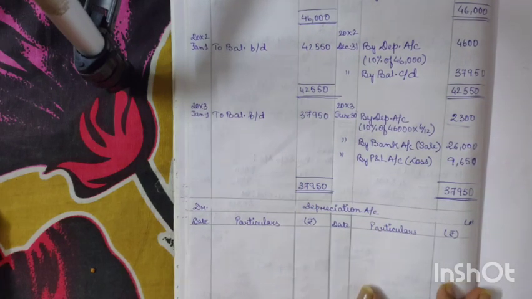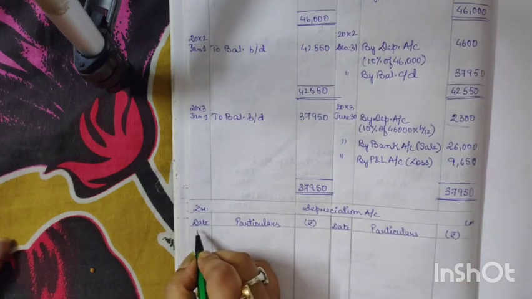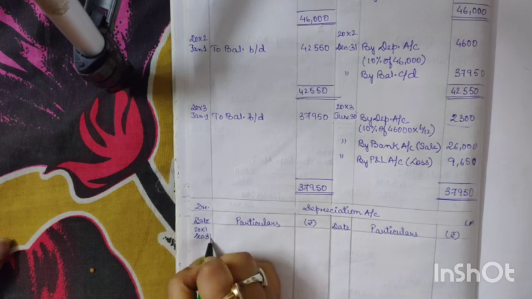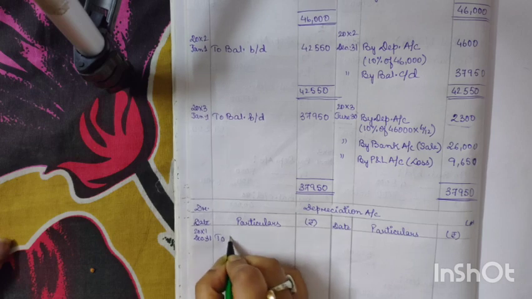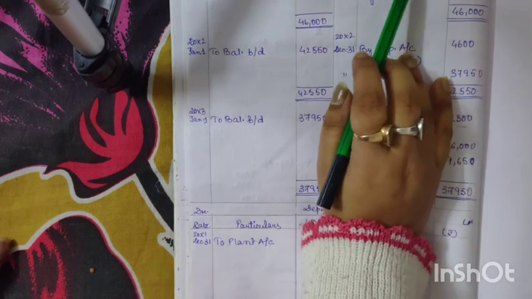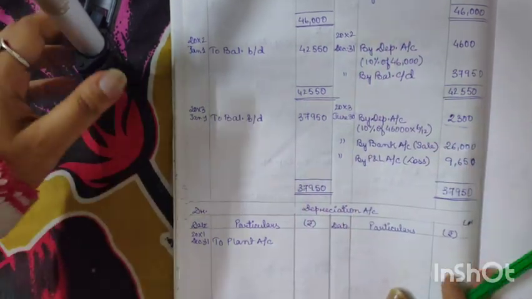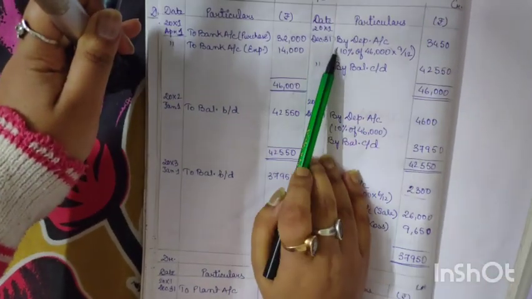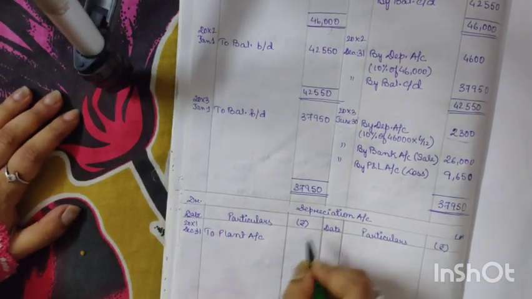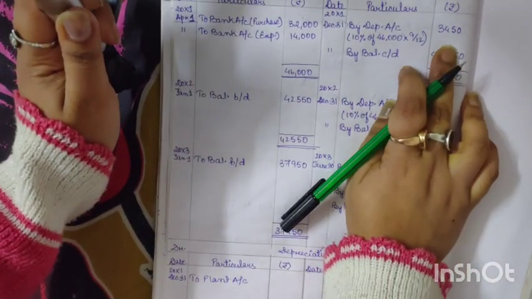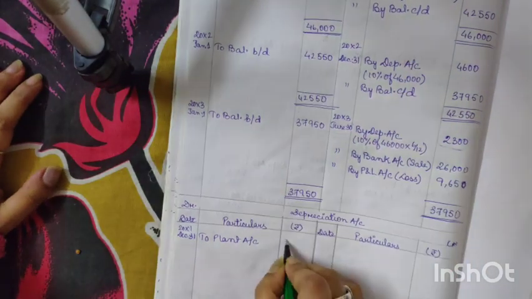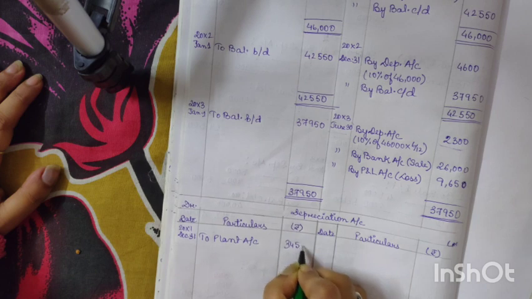So now we will do the depreciation account. Here in 2001, December 31st, to plant account, as I have explained in the previous questions. In the first year, as you can see, the depreciation was 3,450. So here it will be 3,450.